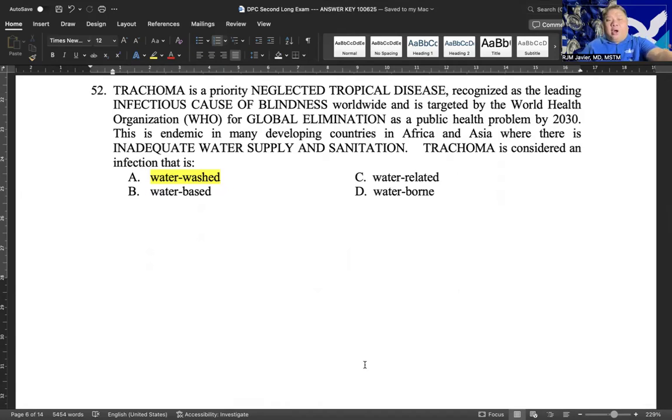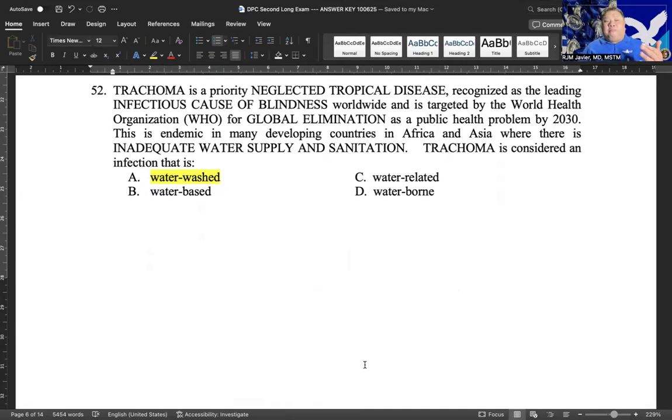So when we talk of water washed diseases, this would also include your scabies or your pediculosis or your kuto. Often this is commonly encountered in areas where there is lack of water supply. To differentiate this from your waterborne infections, when you say waterborne infections, you drink water that would contain pathogens.